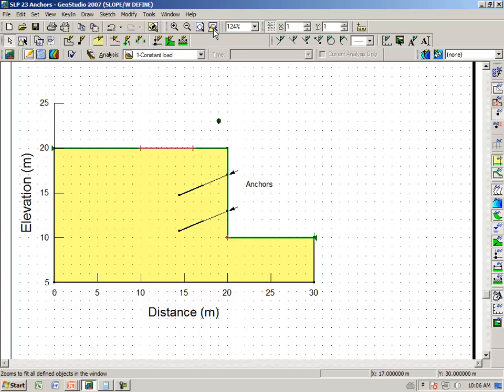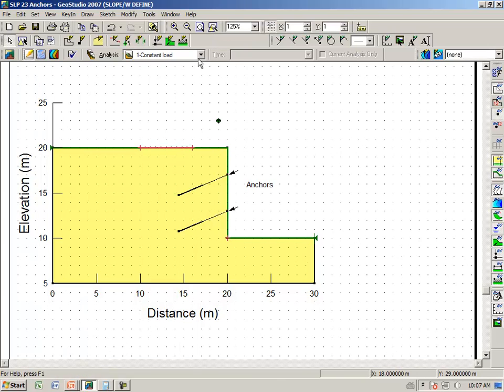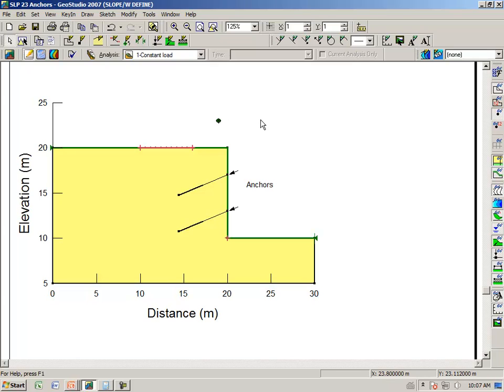Once again, if you zoom in on the All Objects zoom button, we don't need the snap to grid because the problem has already been defined. But we need to look in detail at exactly what we have defined here.